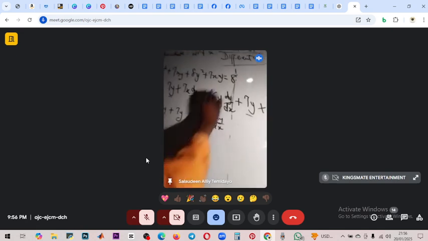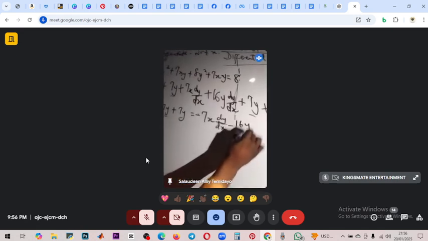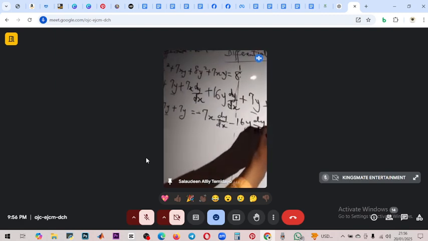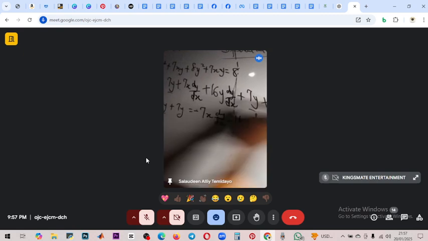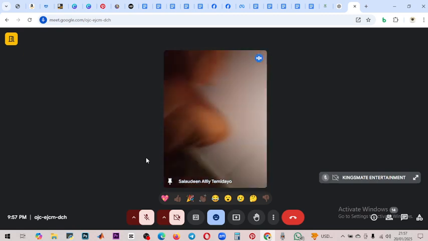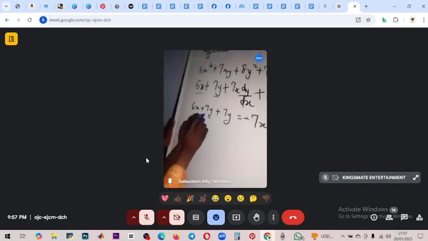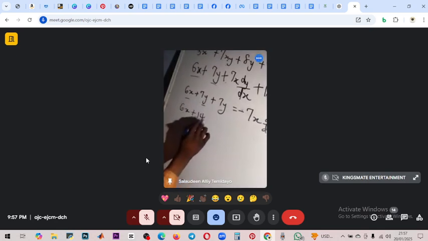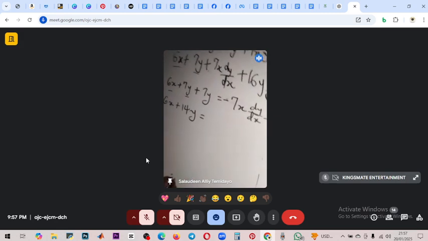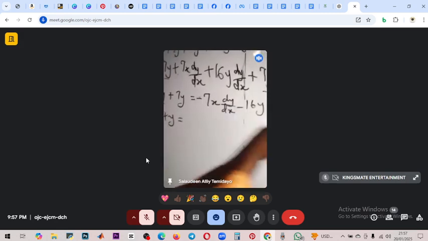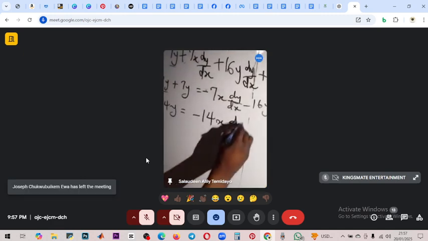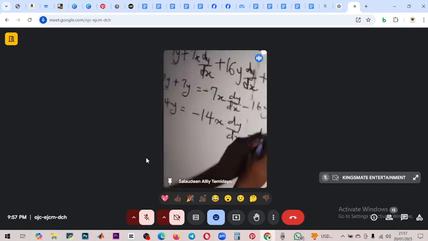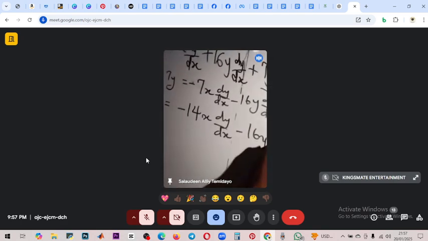Let's go step by step: minus 16y dy dx and minus 7x dy dx again. So this is 6x plus 14y is equal to minus 7x dy dx minus 7x dy dx, that's minus 14x dy dx minus 16y dy dx.